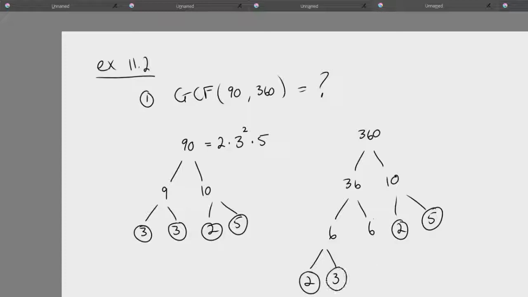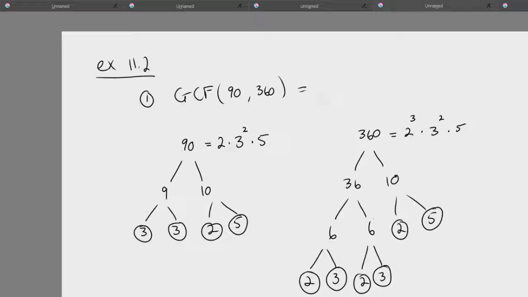Done and done. The other 6 is 2 and 3. Done and done. All right, 360. How many 2's do I have here? 1, 2, 3 2's. How many 3's? 2 3's. And a 5. All right, so there are the prime factorizations of these numbers.